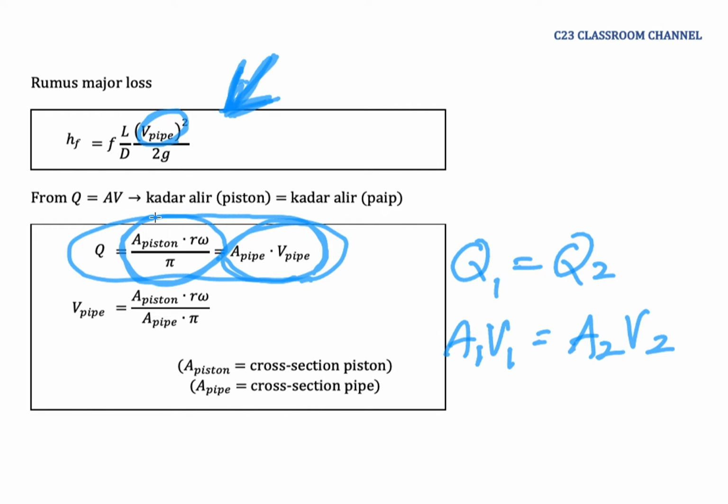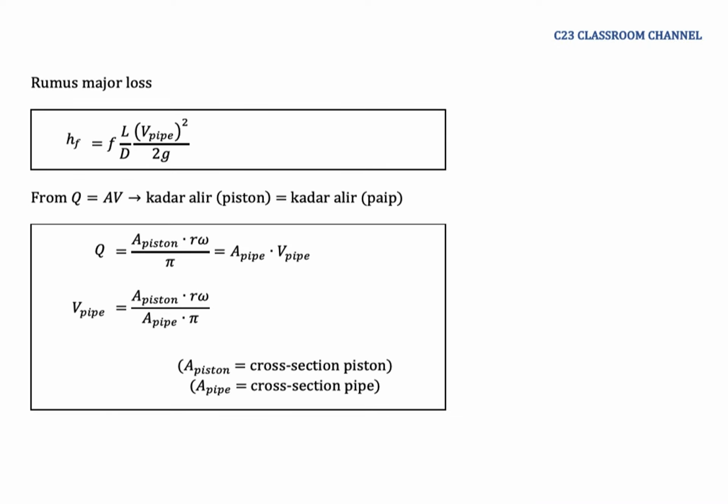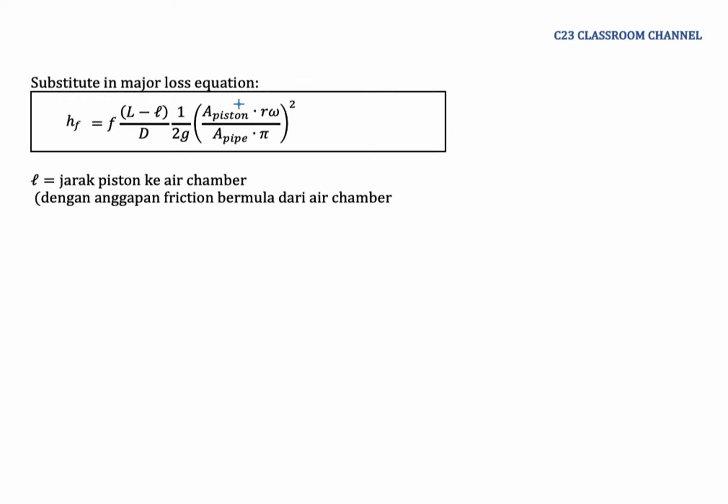So we have the cross-sectional area of the piston times r omega over pi, meaning the velocity of the piston. Then we could get this equation, and we substitute it into the major loss equation. Then we could simplify the equation like this one.